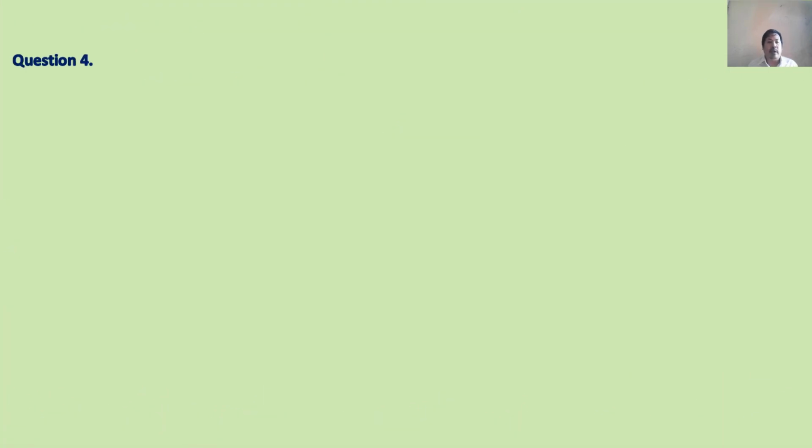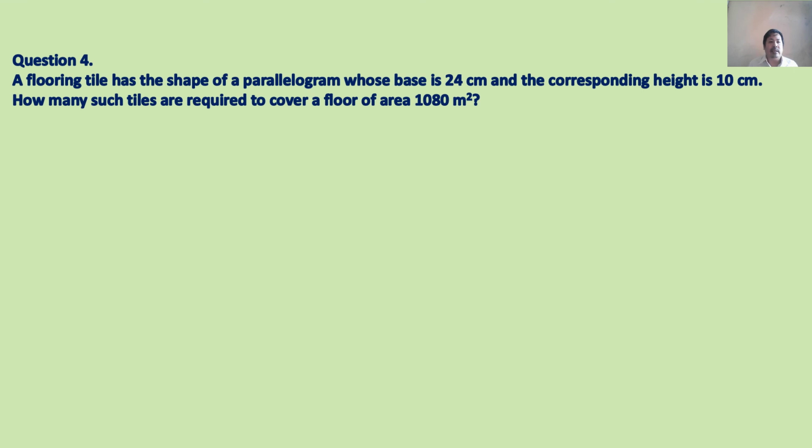Next, question number 4 we have like this. A flooring tile has the shape of a parallelogram whose base is 24 centimeter and the corresponding height is 10 centimeter. How many such tiles are required to cover a floor of area 1080 meter square?